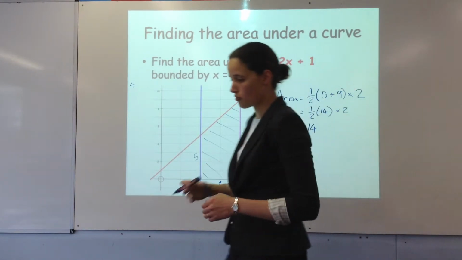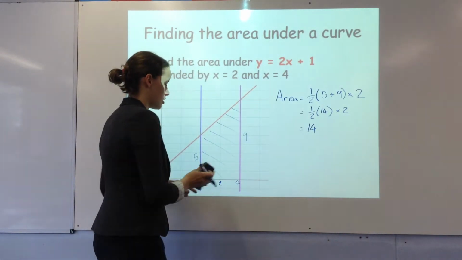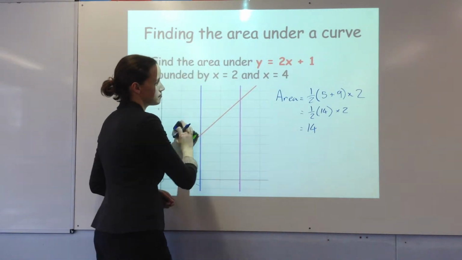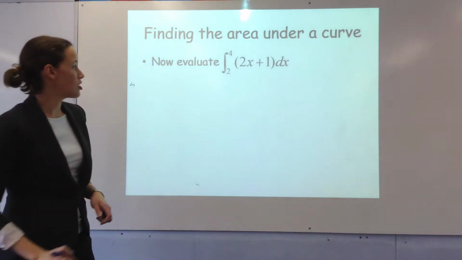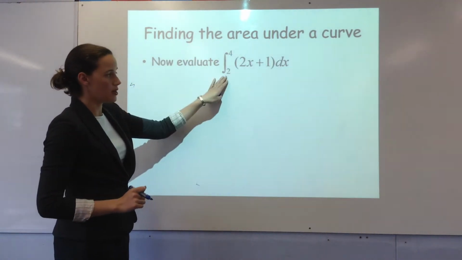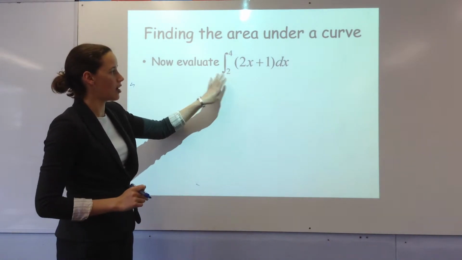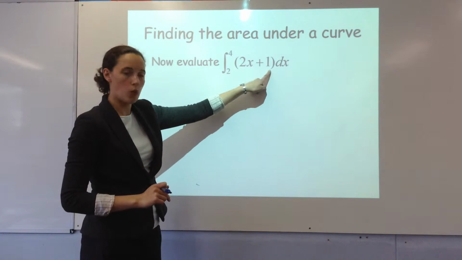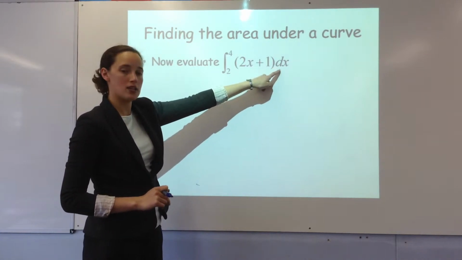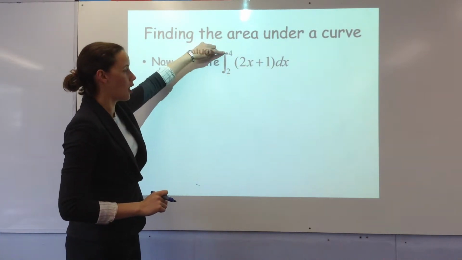Now we're going to do it the more advanced way, using integration, and check that it works. What we want to do here, the equivalent to finding the area underneath that line, is to integrate the equation of the line with respect to x from 2 up to 4.